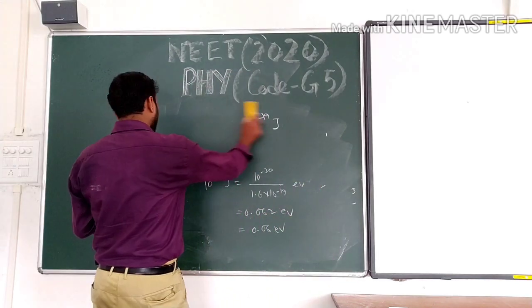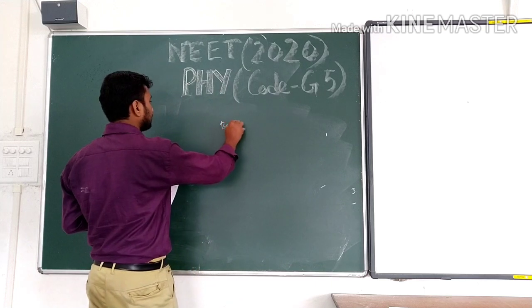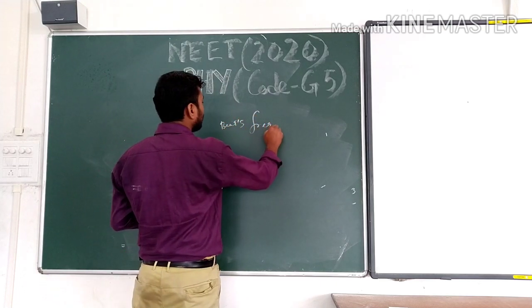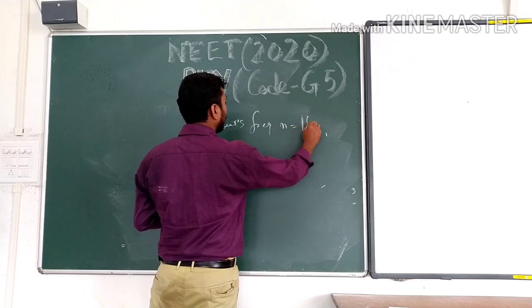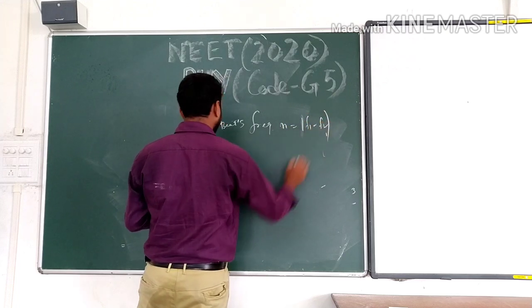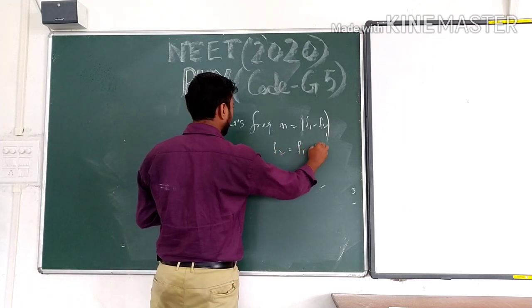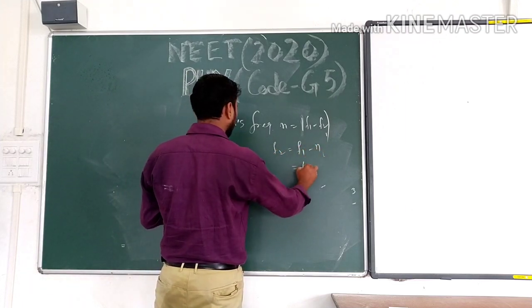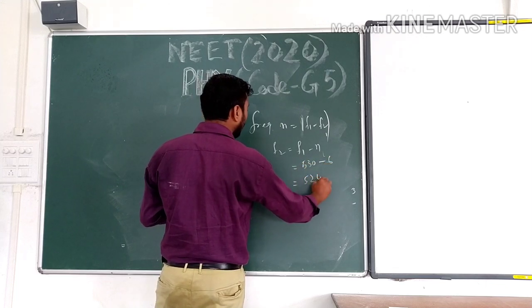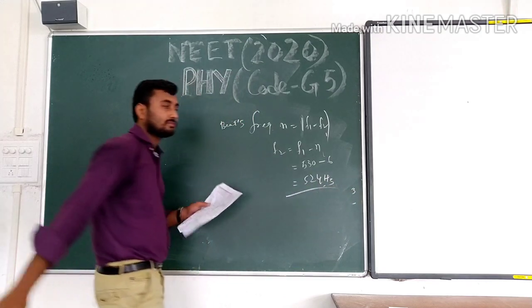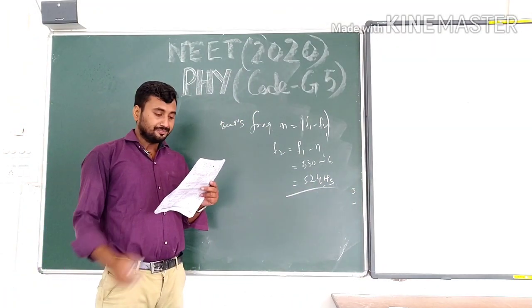So what is the expression for beat frequency? Beat frequency equals plus or minus of f1 minus f2. So f2 will be f1 minus n, that is 530 minus 6, which is 524 Hz. Option 1 is correct.